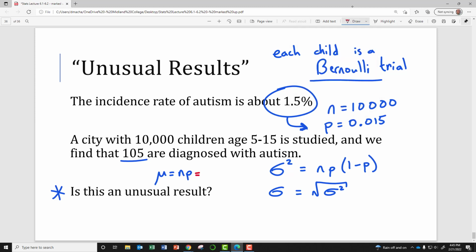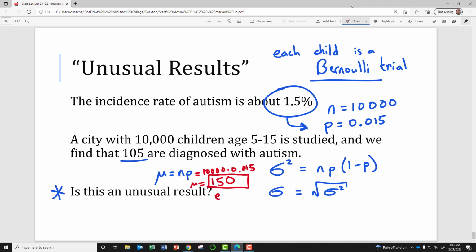So putting some numbers to this, the mean is going to be 10,000 times 0.015. Four zeros borrowed from the 10,000 makes this 150 as my mean. Remember, the mean is the expected value, so I expect to find 150 diagnoses among a population of 10,000 children.